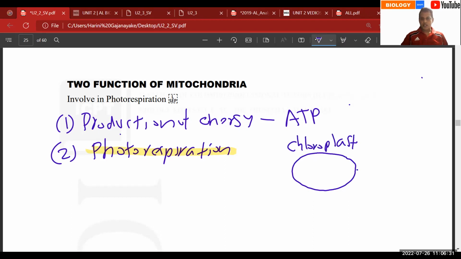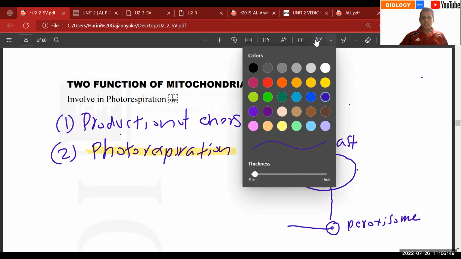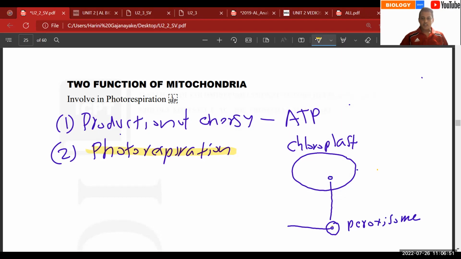During photosynthesis, at a special event, it produces a molecule, and the molecule is first going to the peroxisome, and then this molecule is converted to a different molecule, and that is going to the mitochondria. And this molecule again changed to a different one. It's going back to the chloroplast.